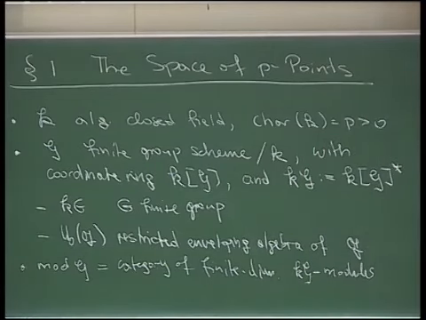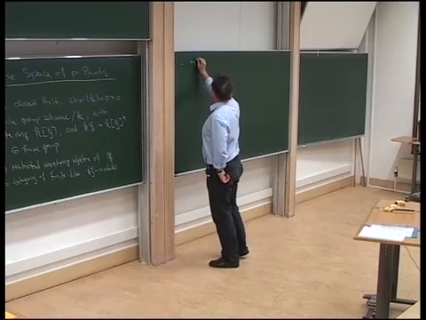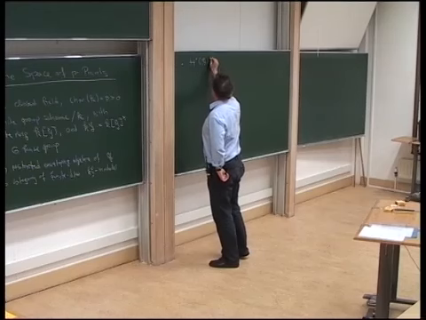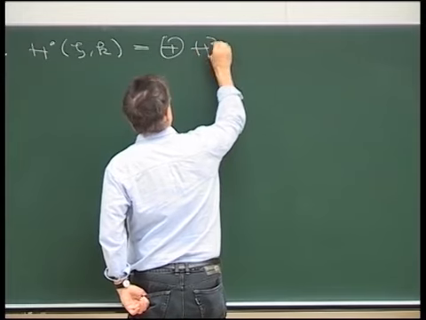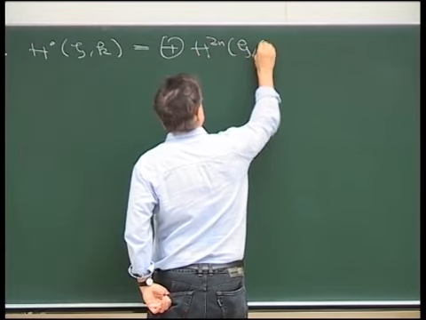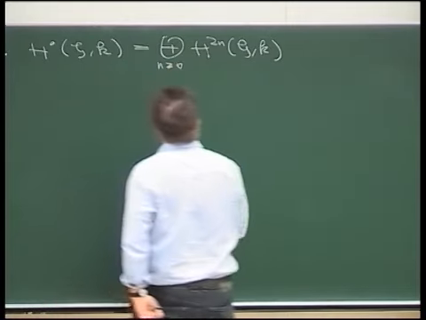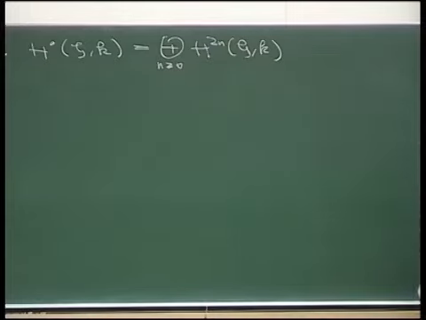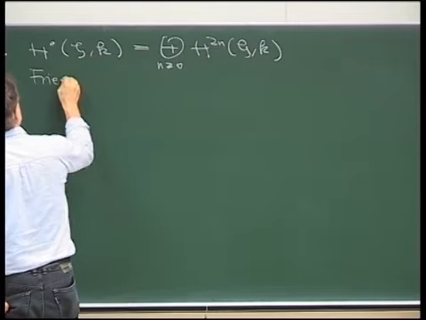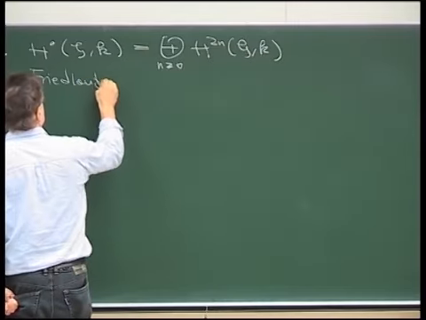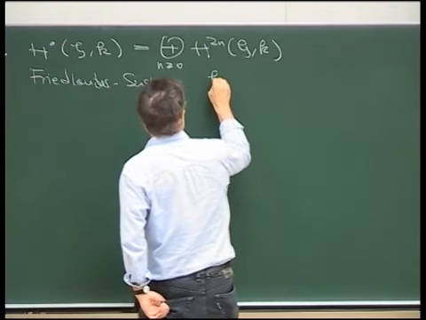And one tool to do this is to look at the even cohomology ring. So H of G, K is the even cohomology ring of G. This is a commutative algebra, and by the famous Friedlander-Suslin theorem, this is finitely generated.